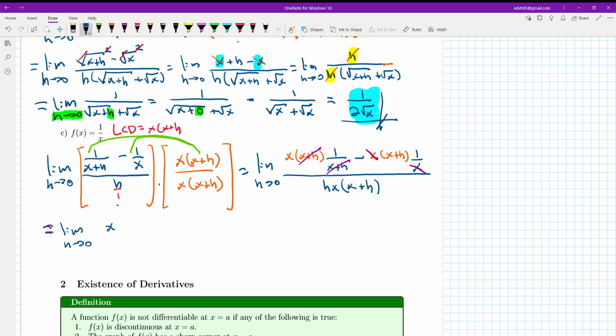We're left with x minus x plus h over hx times x plus h. And in this case, be careful here when distributing the negative sign. That's going to change the sign of everything inside of the parentheses. x minus x minus h over hx, x plus h. Limit, this cancels, boom, boom.